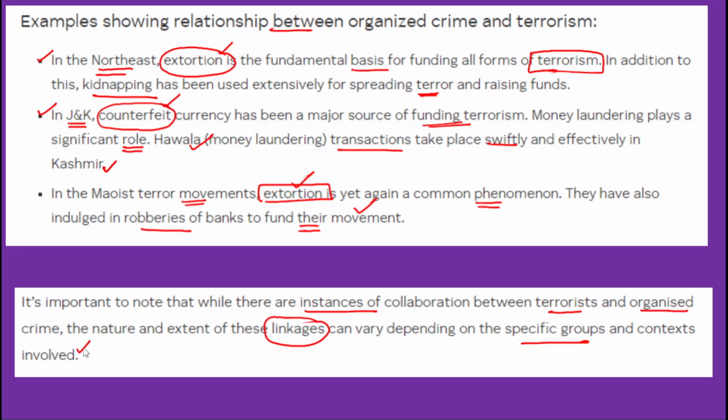So maybe we can expect that a few terrorist organizations have less collaboration or less linkage with these organized crime networks, while a few terrorist organizations located in different parts of the world have extensive linkages with organized crime networks. Okay, so it usually depends on the group, the context and their ideology as well.